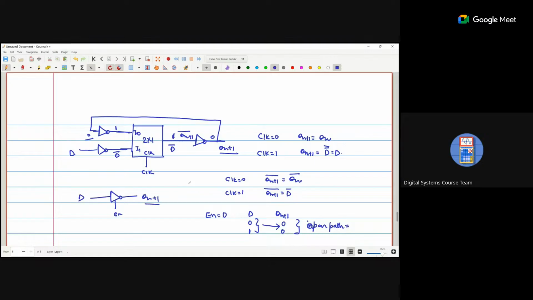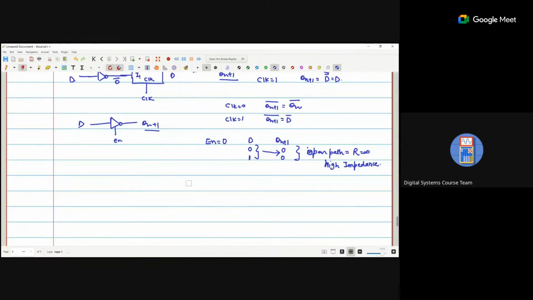Now, what is the meaning of open path? The resistance is infinite. That's why it is called high impedance.